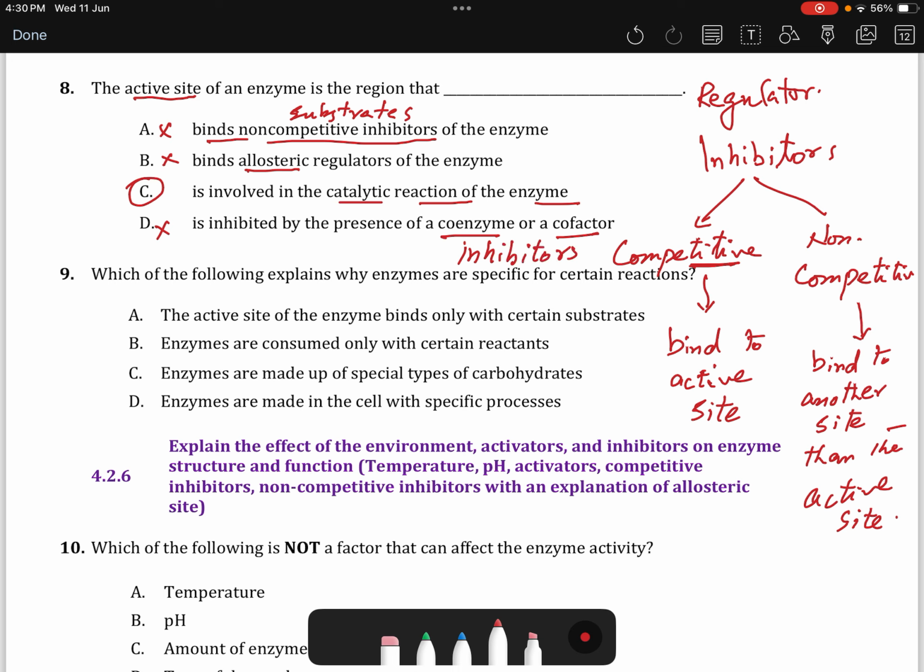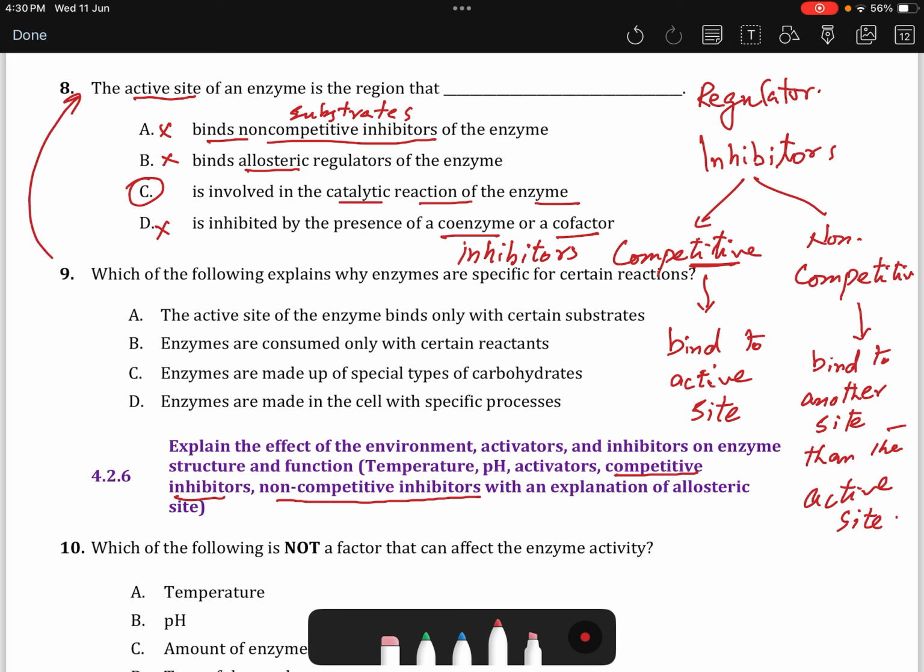Which of the following explains why enzymes are specific for certain reactions? So by the way, I'm just looking down now. The competitive inhibitors and non-competitive inhibitors are down, okay, we will see them. Why are enzymes specific? We just said over here, because of the active site.